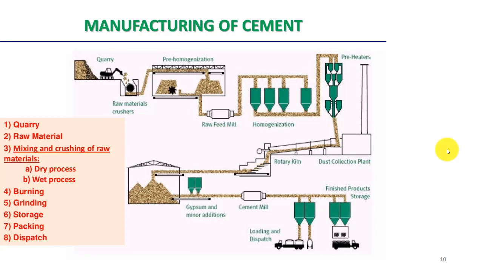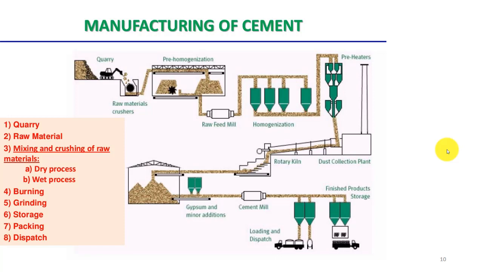The feed afterwards is subjected to the kiln at a higher temperature so that the clinker can be formed. This is basically a rotary kiln in which there are different temperature zones, so that the calcination of the products occurs. Then the clinker is formed at a higher temperature, around 1450 degrees Celsius.